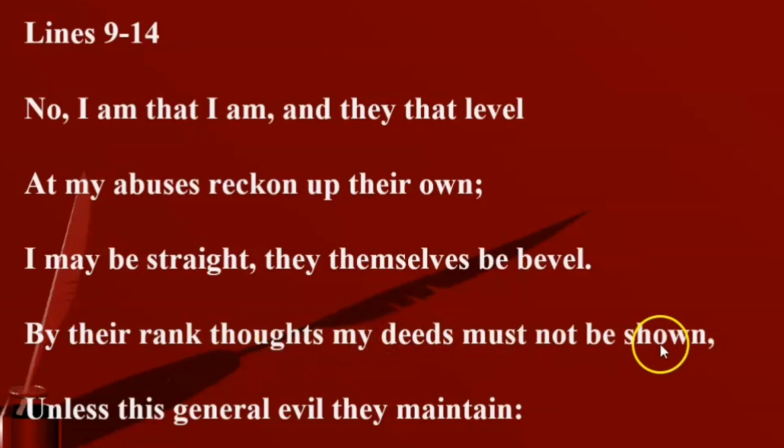By their rank thoughts, my deeds must not be shown, unless this general evil they maintain, all men are bad and in their badness reign." See, "I am that I am." You might remember Shakespeare once said, I am what I am. He says here, I am that I am.